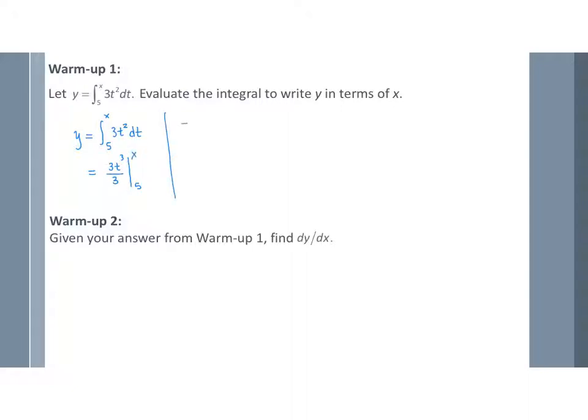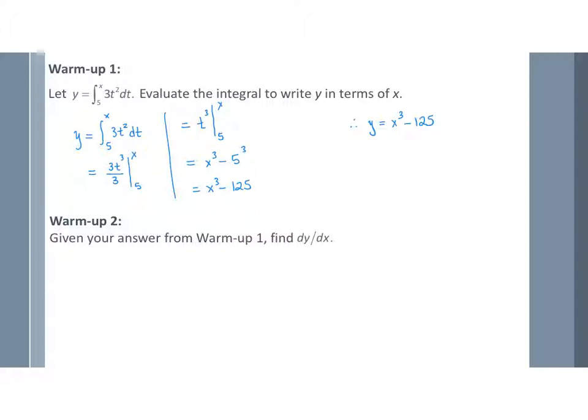But this is equal to t cubed evaluated from 5 to x. So we have x cubed minus 5 cubed, or x cubed minus 125. Now, that means y equals x cubed minus 125.